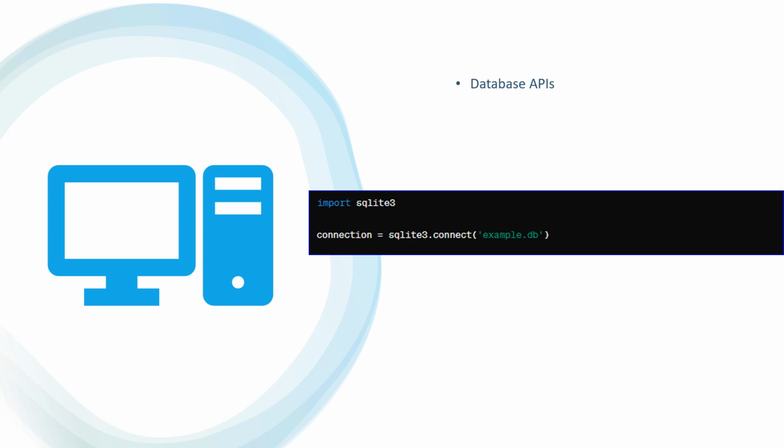They provide functions and methods for querying, inserting, updating, and deleting data from databases. If you see, this is a Python script, and I'm going to import a library, which is sqlite3. This is going to define how my connection is going to be built to the database and what functions and methods I can use.